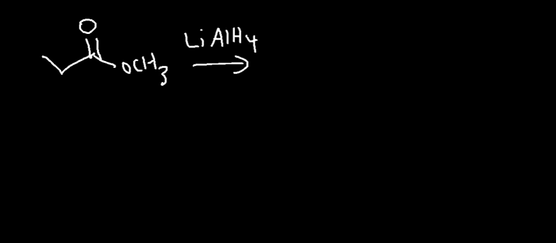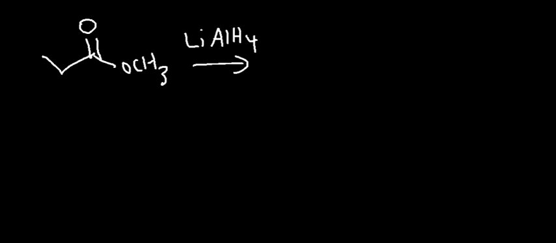Now, lithium aluminum hydride is the stronger version of NaBH4. Not only can it reduce ketones, aldehydes, and acid chlorides, but it can also reduce esters and carboxylic acids, something that NaBH4 can't really do. Now, we see that reducing a ketone or an aldehyde, you only need to add one hydride ion.